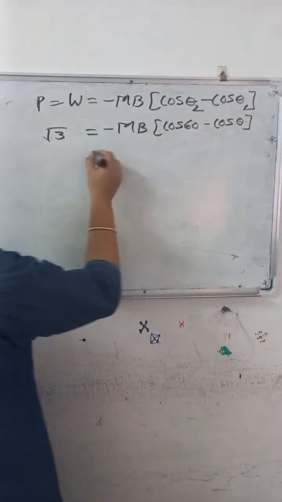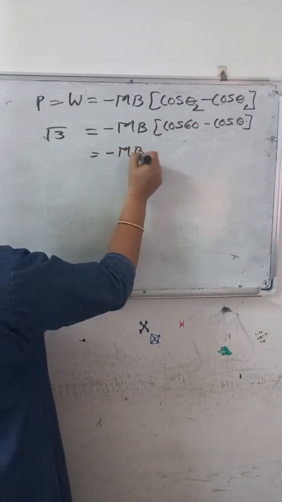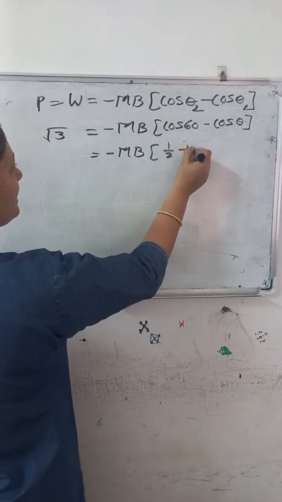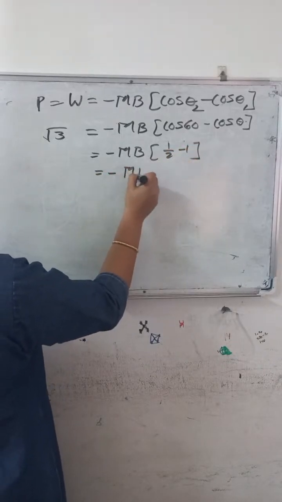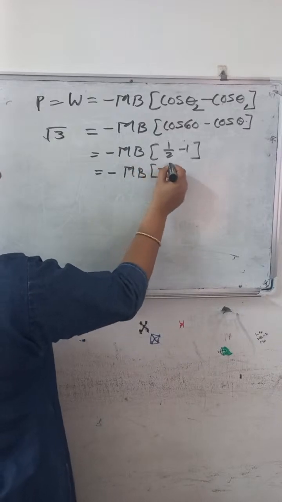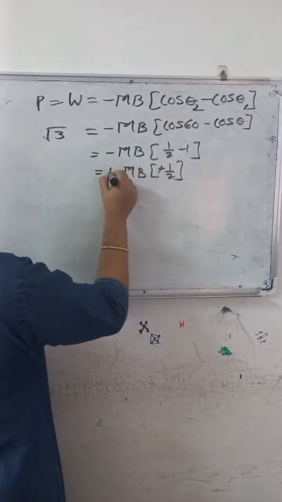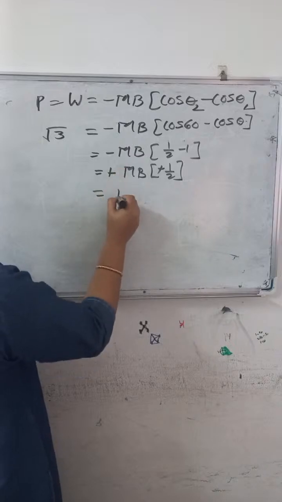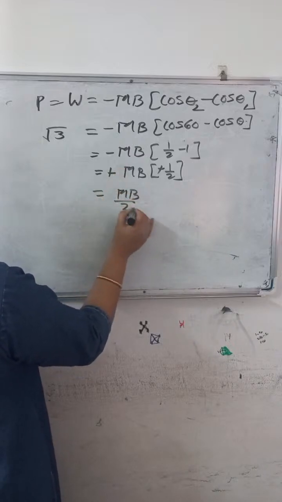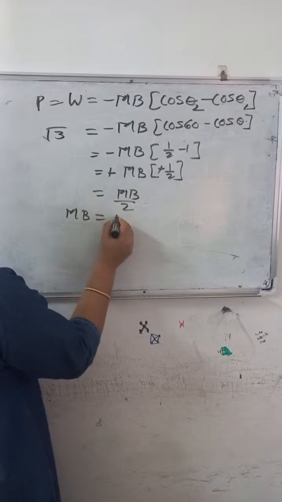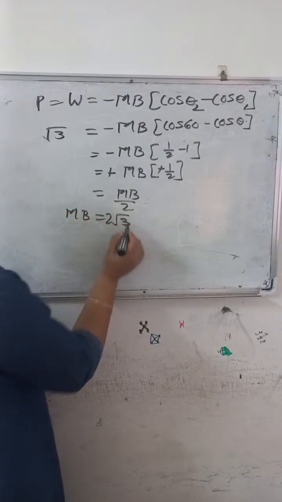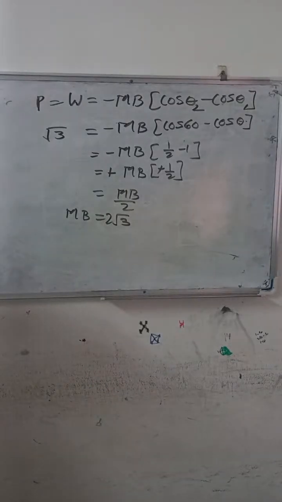Cos 0 is 1, and cos 60 is half, so half minus 1 gives minus half. Minus and minus become plus, so we get MB by 2 equals root 3, and MB is 2 root 3.